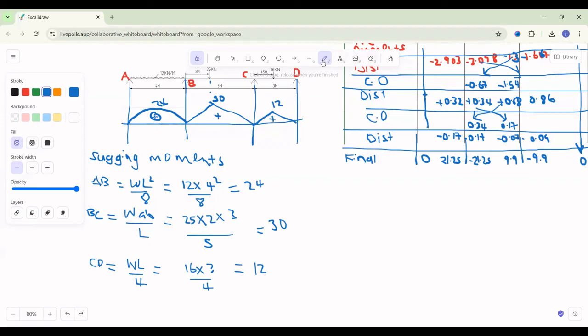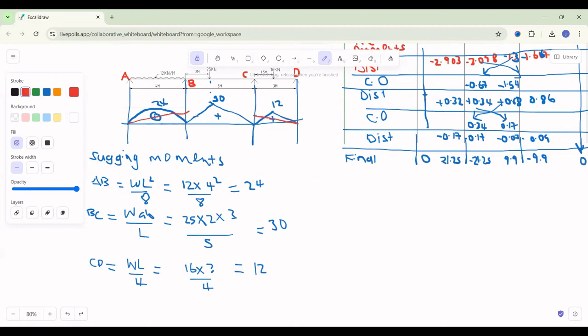Now, when it comes to plotting the hogging moment, we already calculated it here. This is negative 21.25, and this one is 9.9 there. And of course, the edge is 0.